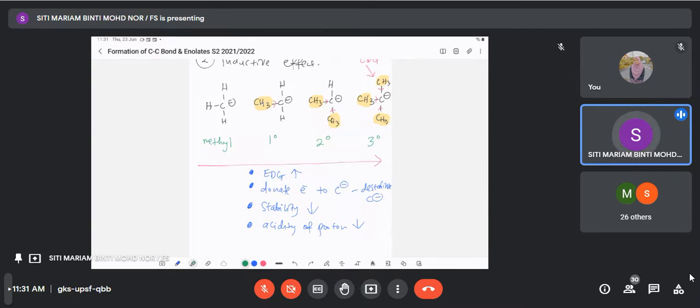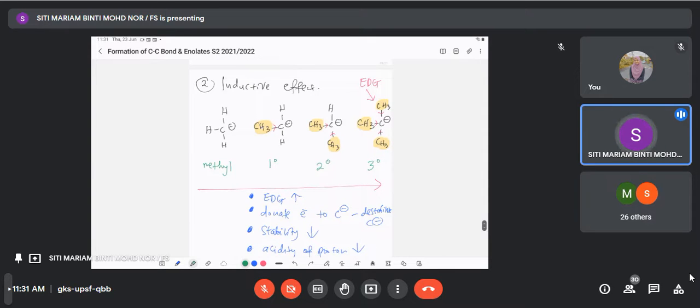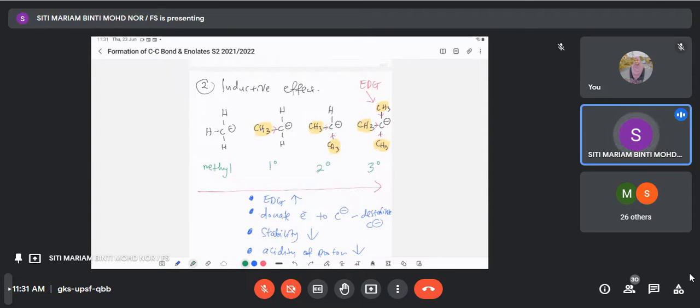So that's the explanation in terms of stability for the inductive effect. This one is an example for EDG. You can do EWG as well, you can try by yourself.